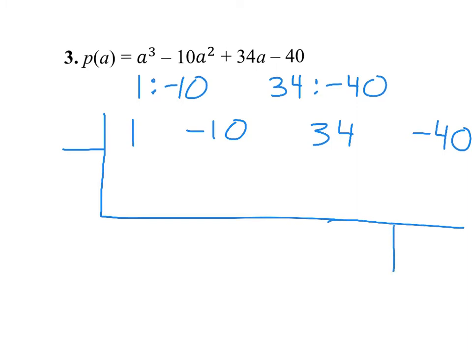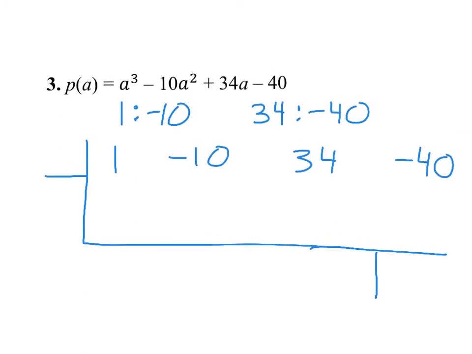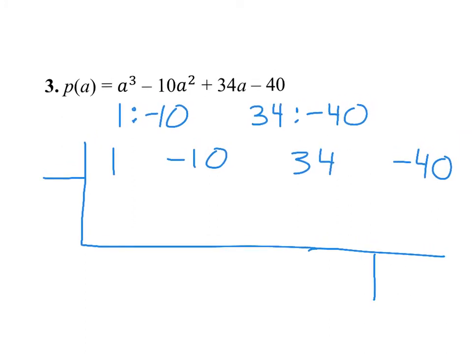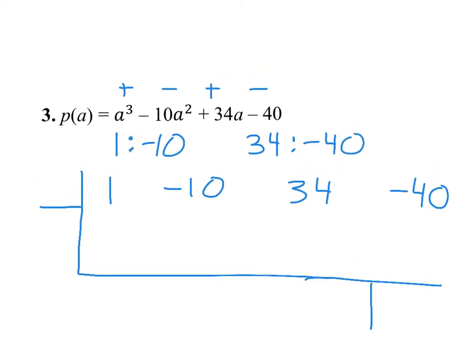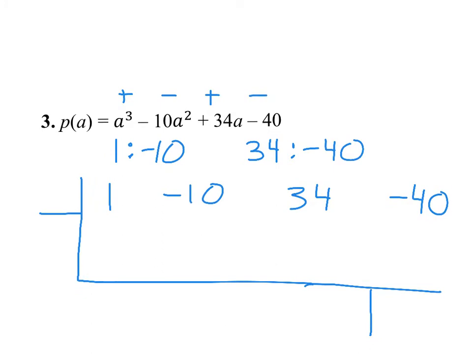Alright, so reviewing what we learned in the last lesson, we could actually review what we learned in the last 2 lessons. So, counting the sign changes, we know that the number of positive roots: there are 3 sign changes, so there's going to be 3 or 1.